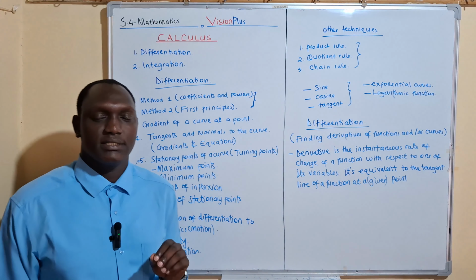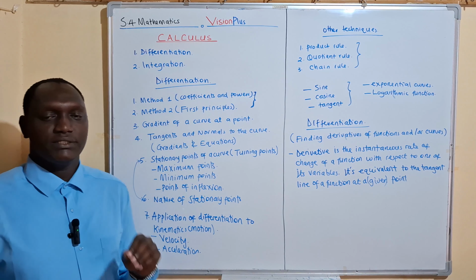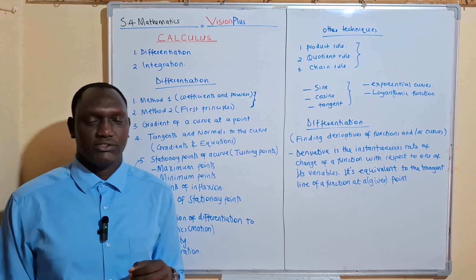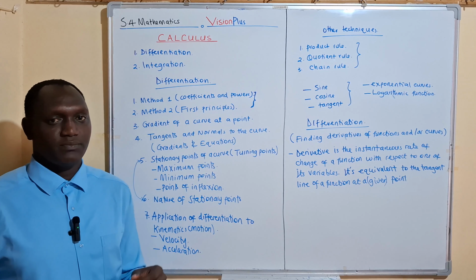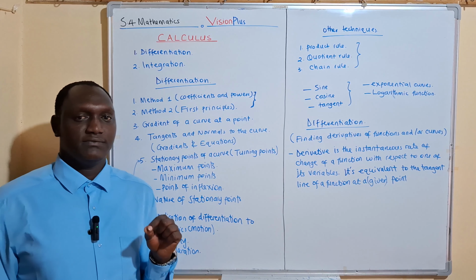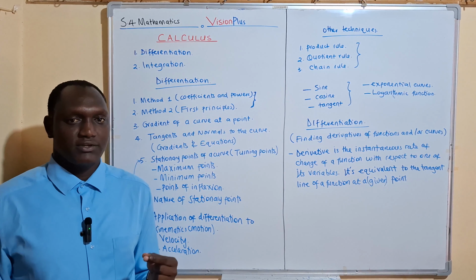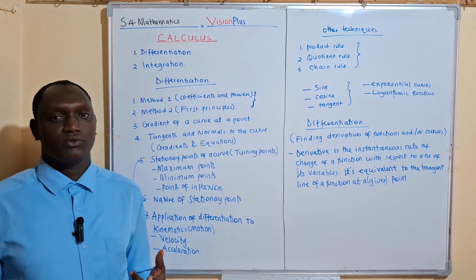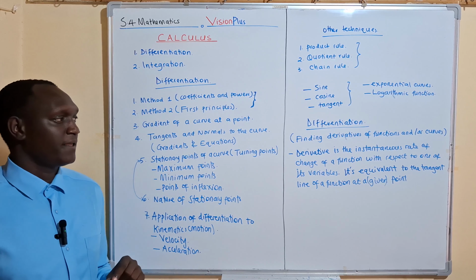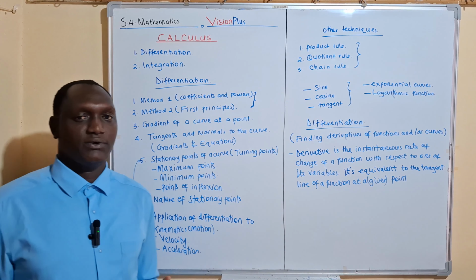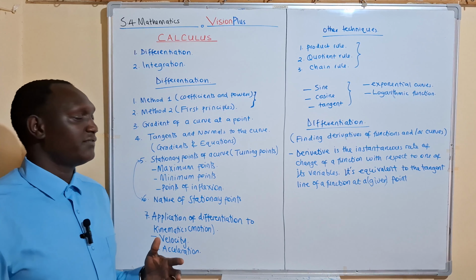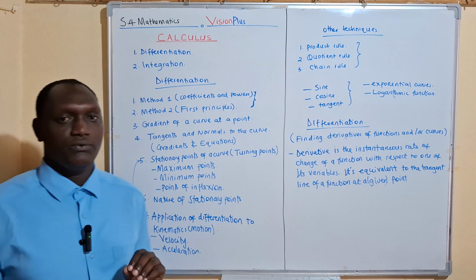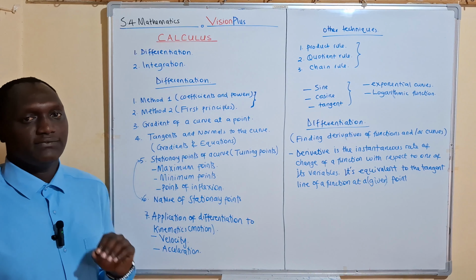That is what a derivative is. So differentiation is simply a way of getting derivatives of functions or curves or expressions. And a derivative is simply the instantaneous rate of change of a function of an expression with respect to one of its variables. And we are saying it is equivalent to the tangent line at a given point of that function. So this is the overview of what we are going to cover under differentiation.